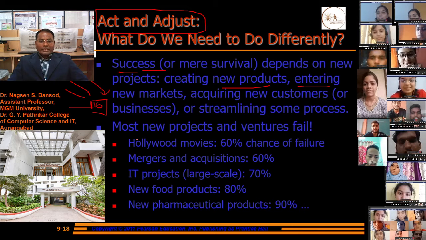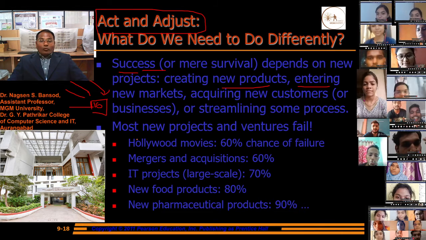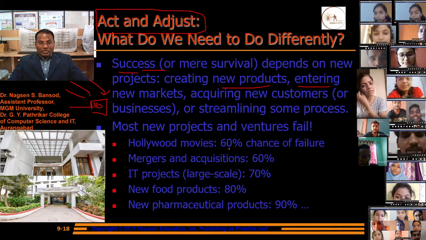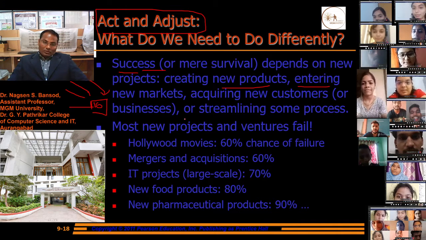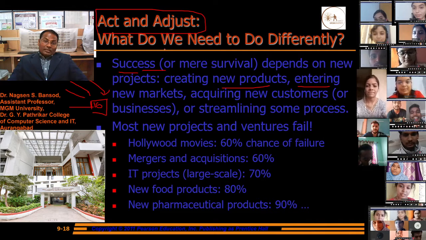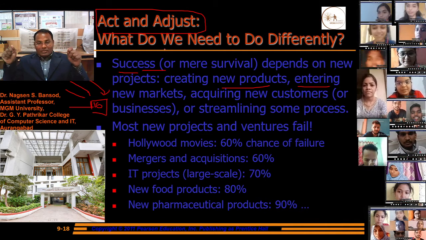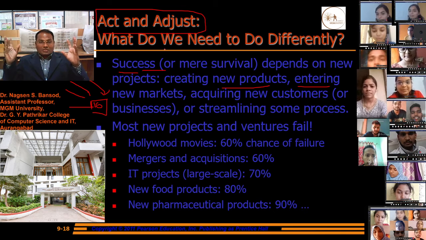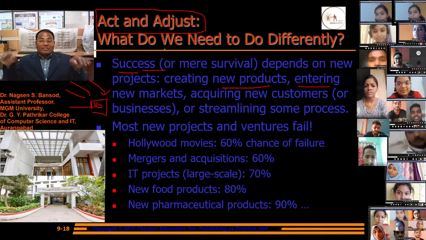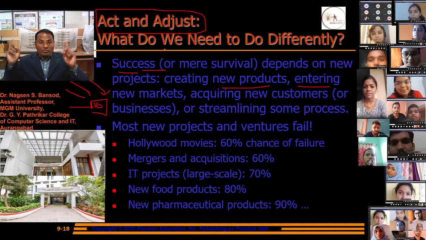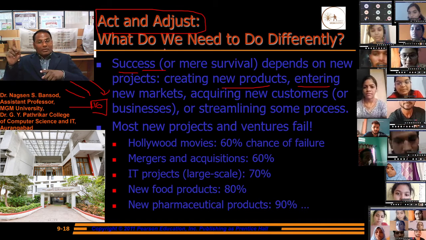Most new projects and ventures fail, like Hollywood movies, 60% chance of failure. You know, there are various difficulties to achieve success. In most businesses there is a chance of failure because the act is not proper.